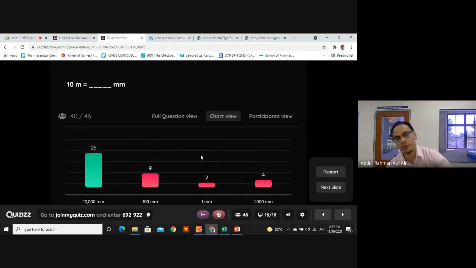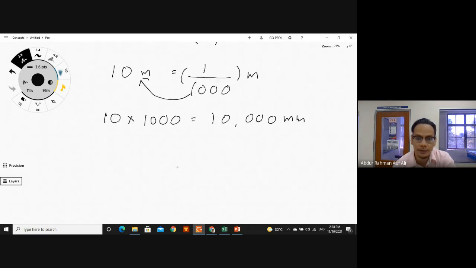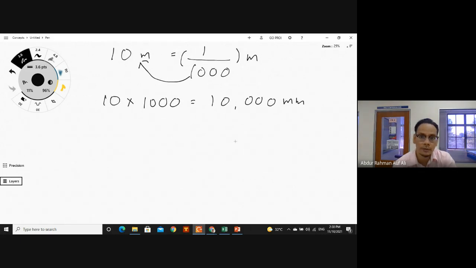Okay, so be careful, make sure you understand. Or if you prefer another method, you can use cross multiplication. Cross multiplication basically means, meter and millimeter. How should I say it? 1 meter equals 1000 millimeters. Oh, I'm blur too.